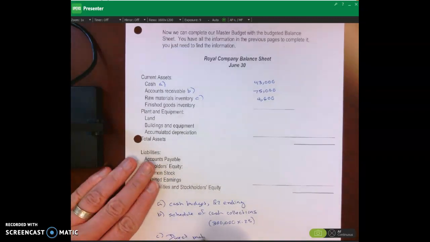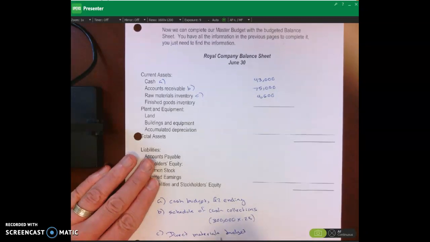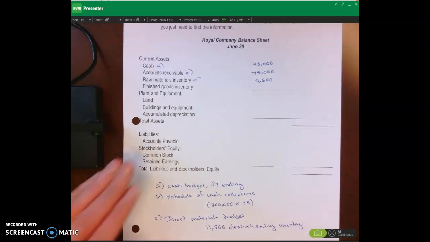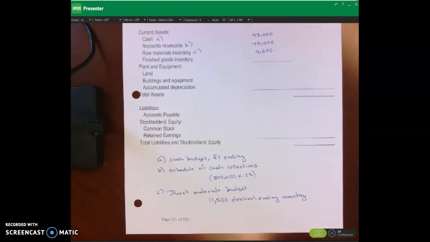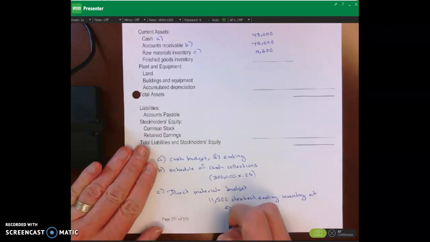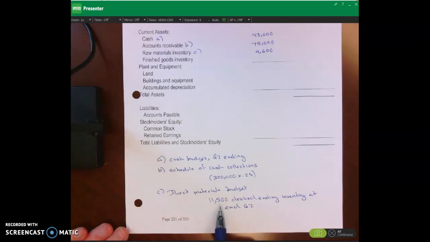If you look back at our direct materials budget, recall that we had 11,500 pounds in desired ending inventory at end of Q2.